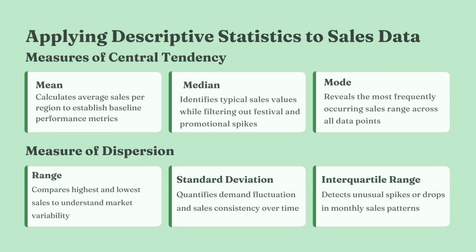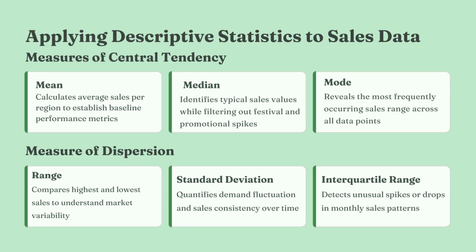Now let's see how descriptive statistics are applied to Amazon sales data. Under measures of central tendency, the mean is used to calculate average sales per region, helping establish a baseline performance metric. The median identifies the most typical sales value by reducing the impact of festival or promotional spikes. The mode highlights the most frequently occurring sales range across all data points.